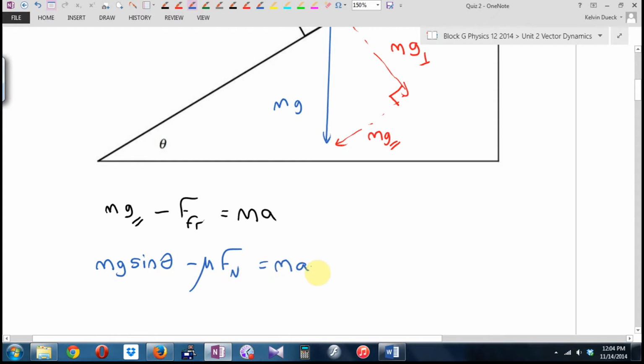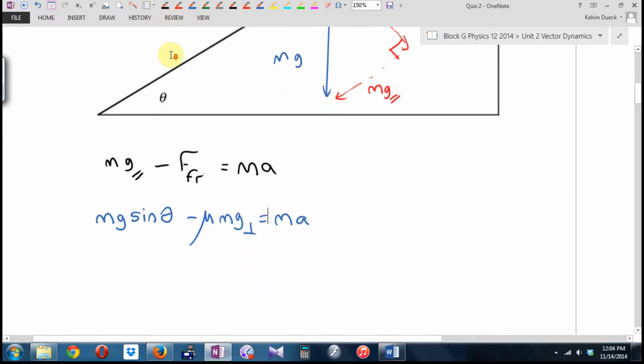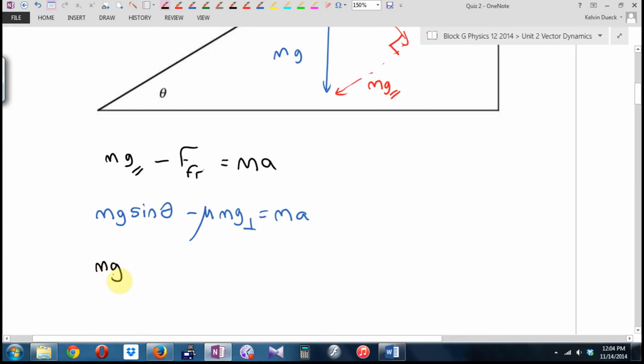I don't know the normal force. Oh, but look. I know another force the same size as the normal force, perpendicular. So it's going to be mg sine theta minus mu mg cos theta. Which one was perpendicular? Of course it was.